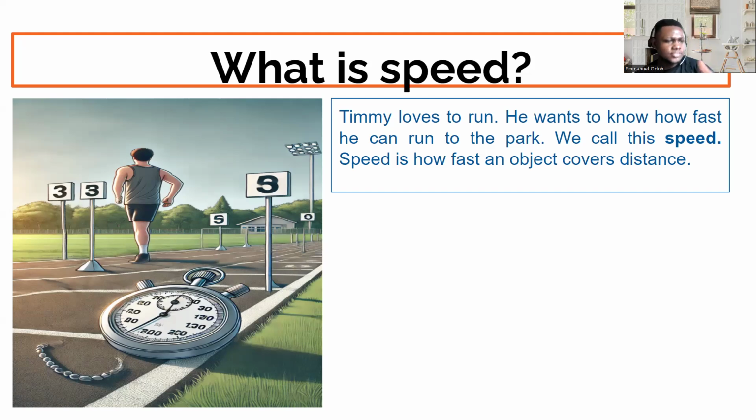Now, let's take a story of this young man, Timmy. Timmy loves to run, and he wants to know how fast he can run to the park. We call this speed. Speed is the measure of how fast an object covers a distance.